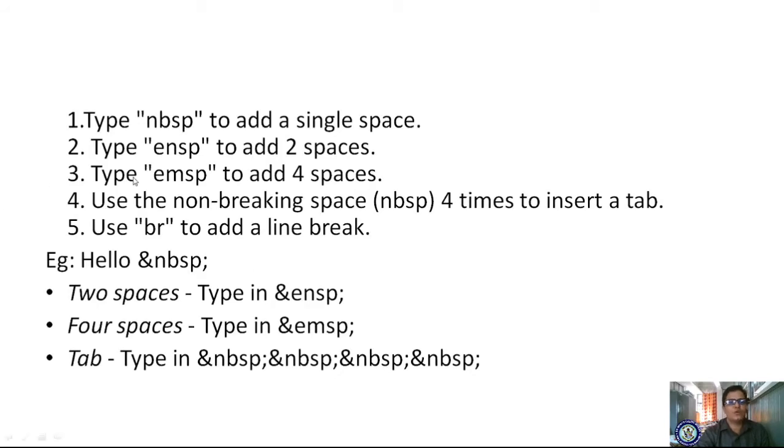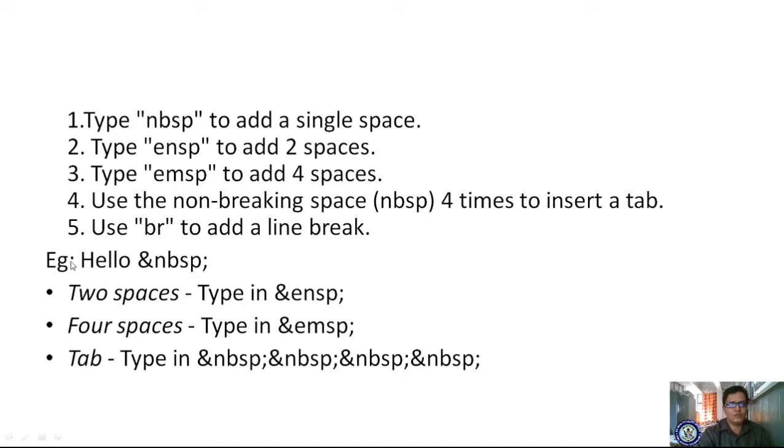Now, if you want to give a single space, you have to use ampersand NBSP. If you want to give two spaces, you have to use ampersand ENSP. To add four spaces, use ampersand EMSP. Otherwise, if you want four spaces, you can use NBSP four times.